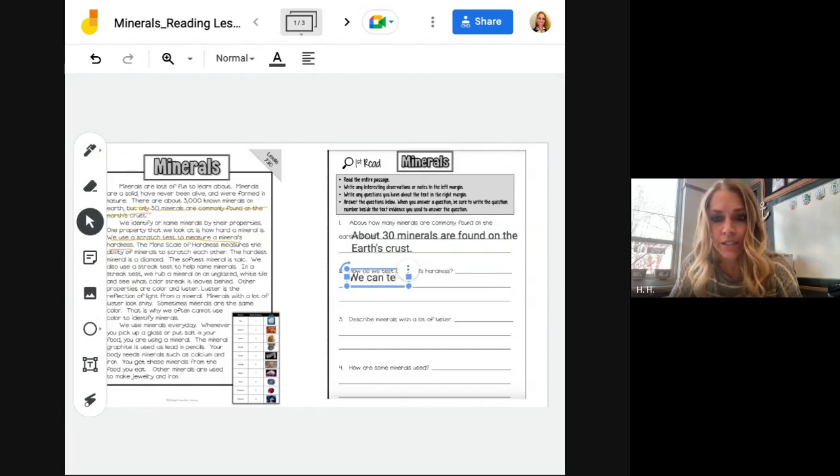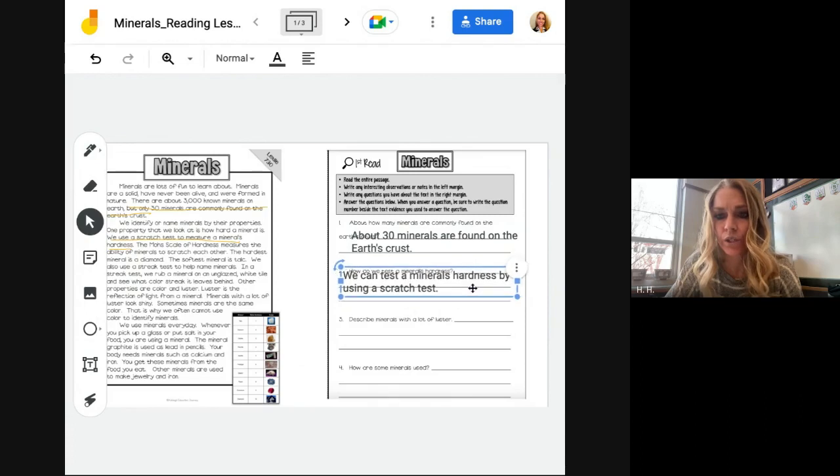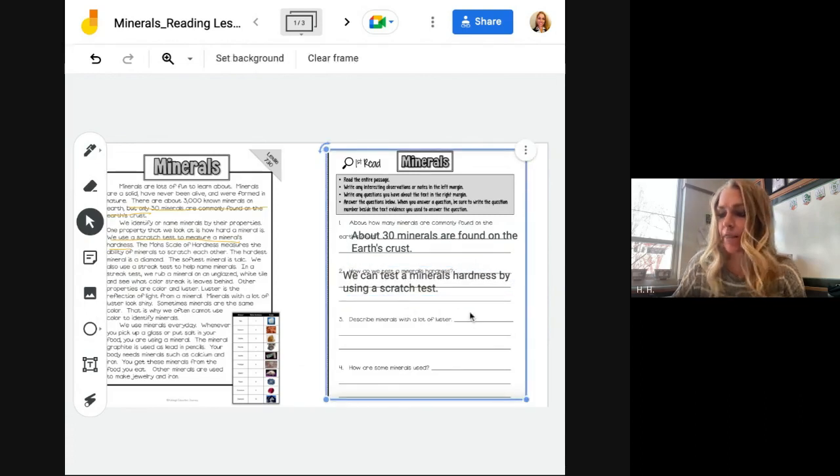We can test a mineral's hardness. What did the text tell us again? Oh, yes, by using a scratch test. Okay. And remember, we're not too worried about our spelling. We just want to be sure we're getting good, complete sentences. All right. And then if you have that paper copy, be sure you're recording your answers there.